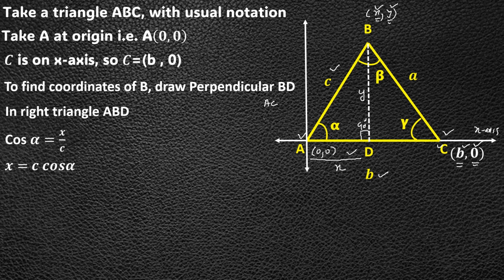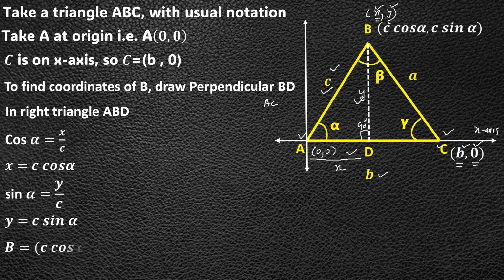Likewise, in this triangle ABD, sine alpha will be equal to y over c, perpendicular over hypotenuse. Therefore, y will be equal to c sine alpha. Therefore, the coordinates of point B will be c cos alpha, c sine alpha.